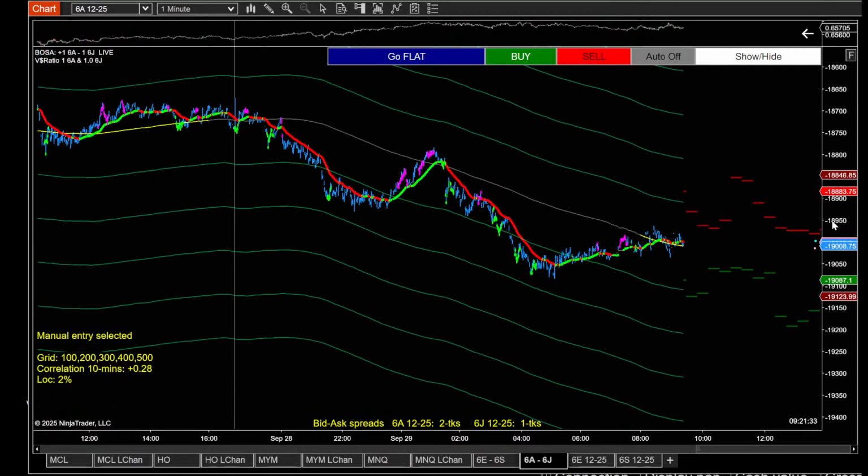BOSA gives you a quick analysis way to determine if that is a smart move or not. It's called the V dollar ratio, and it gives you a hint of the daily equity ranges, the volatility dollar, I call it, ratio between the two. Let's say the 6A only moves $200 in equity from high to low.